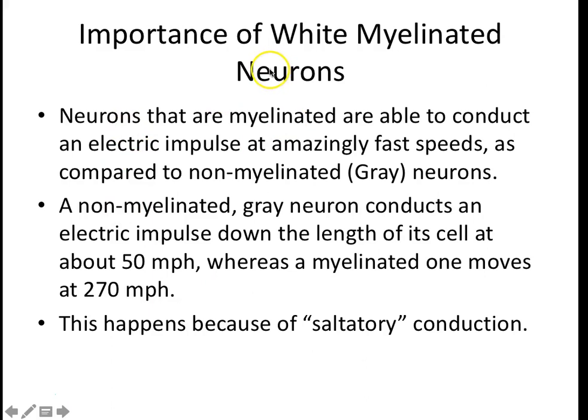The importance of white myelinated neurons is to conduct electrical impulses at an amazingly fast speed as compared with non-myelinated gray neurons. I'm never going to test you on this, but this is just to give you an idea of what they mean by slow and fast. Gray matter, 50 miles an hour. White matter, 270 miles per hour. And why does it go so fast? It is called saltatory conduction, which is next.